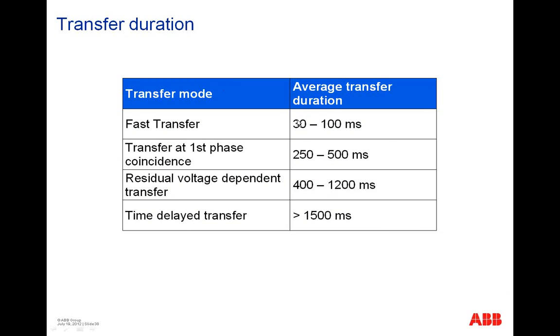So this is only if you use some special breakers. Normally for a fast transfer, if you calculate a little bit, a good protection relay detects a failure in, I would say, a good 20 milliseconds. Then an HSTD needs an internal time of about 10 milliseconds.